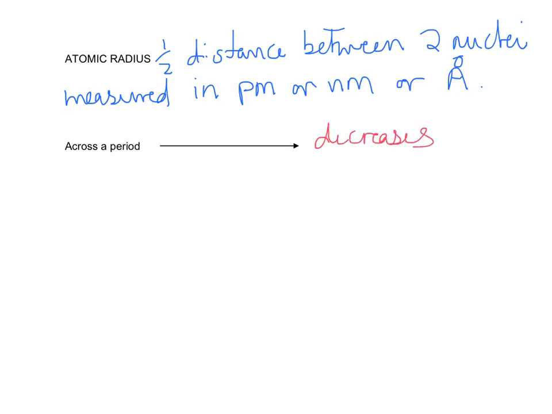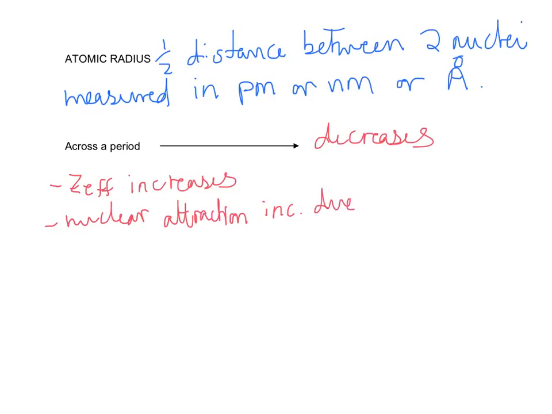Now let's look at our supporting statements. So the atomic radius decreases because Zeff, which is the net nuclear attraction, increases. Zeff increases because the nuclear attraction increases due to additional protons.